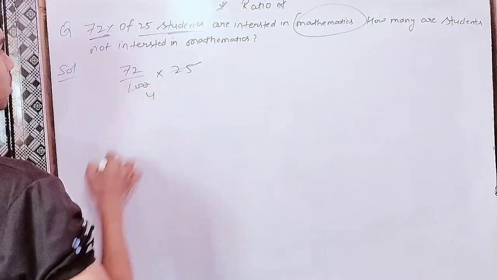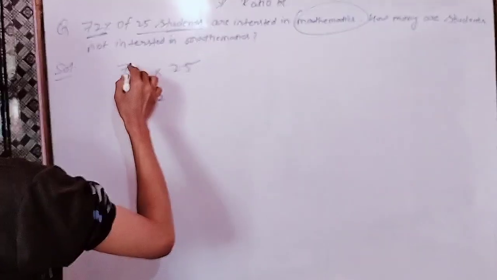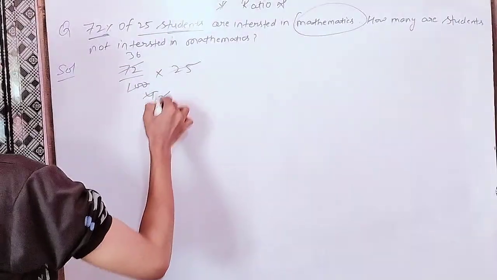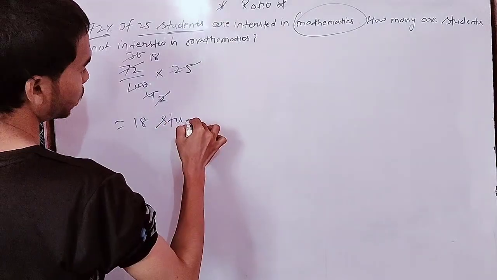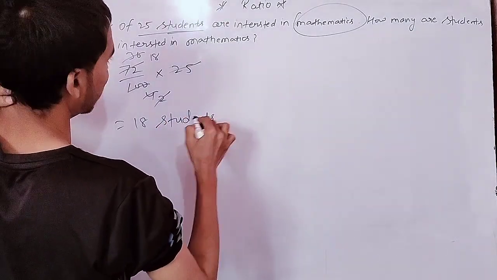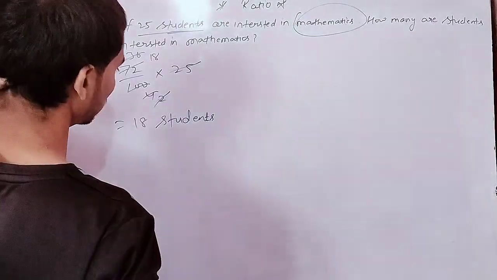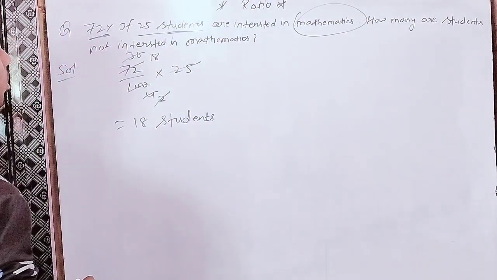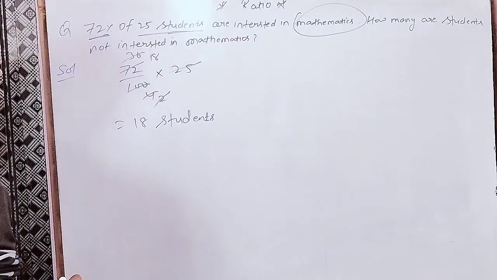72 times 25 over 100 is 1800 over 100. How much? 18 students. I am saying students.